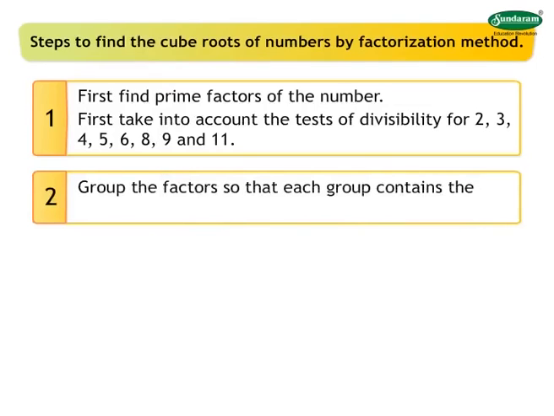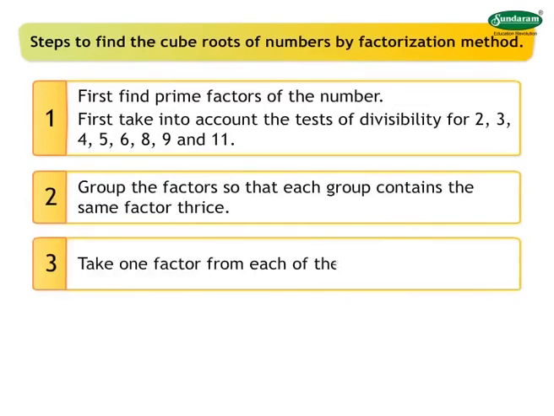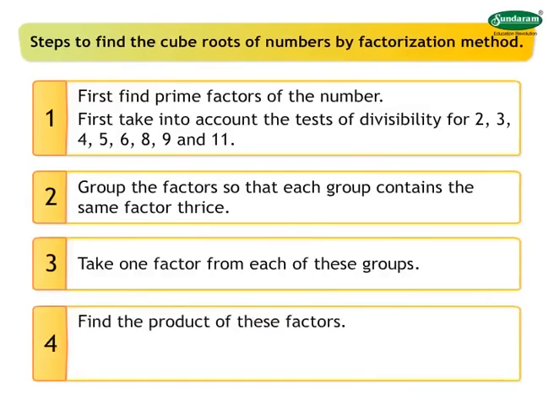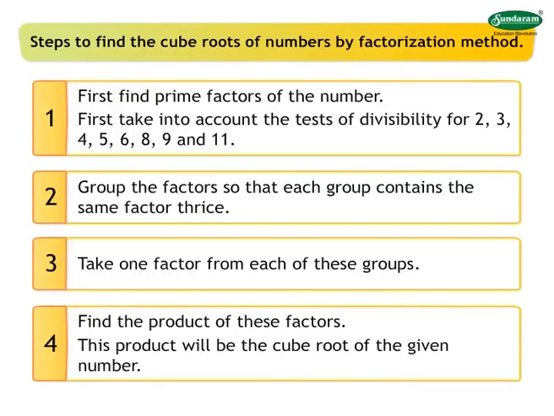Group the factors so that each group contains the same factor thrice. 3. Take one factor from each of these groups. 4. Find the product of these factors. This product will be the cube root of the given number.